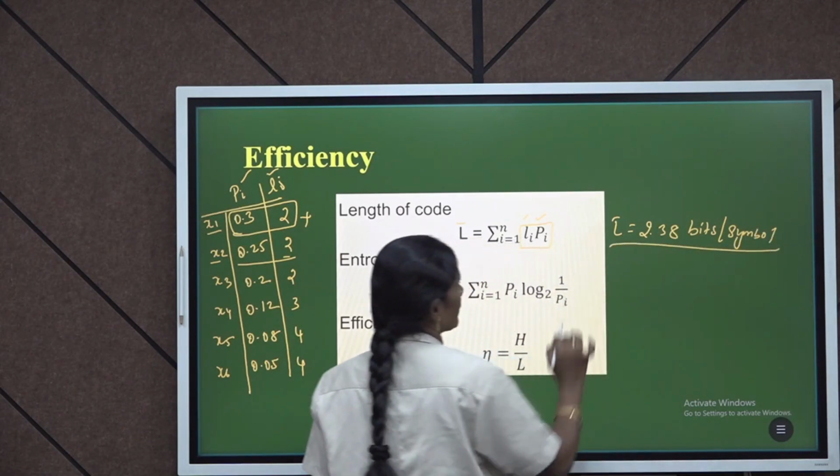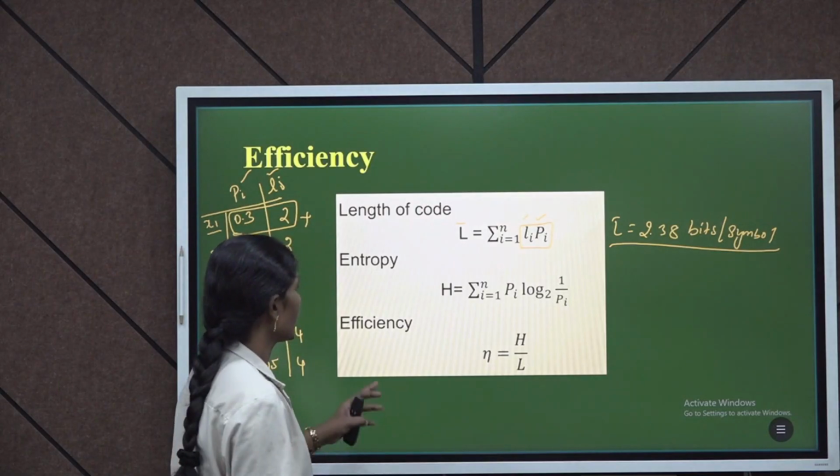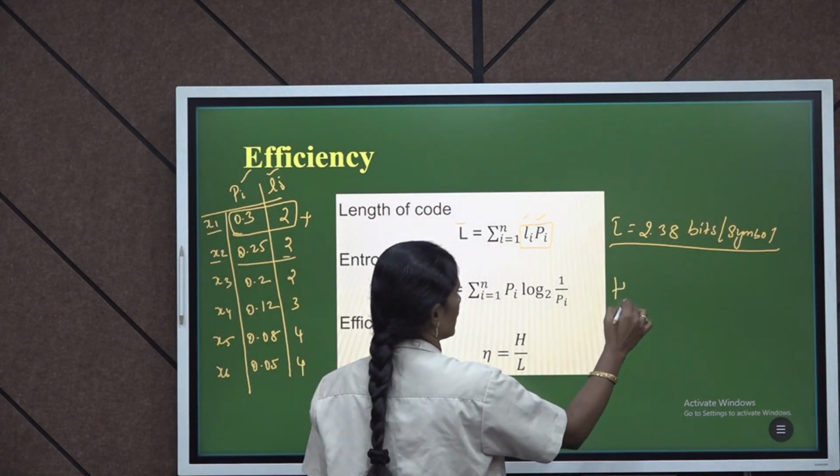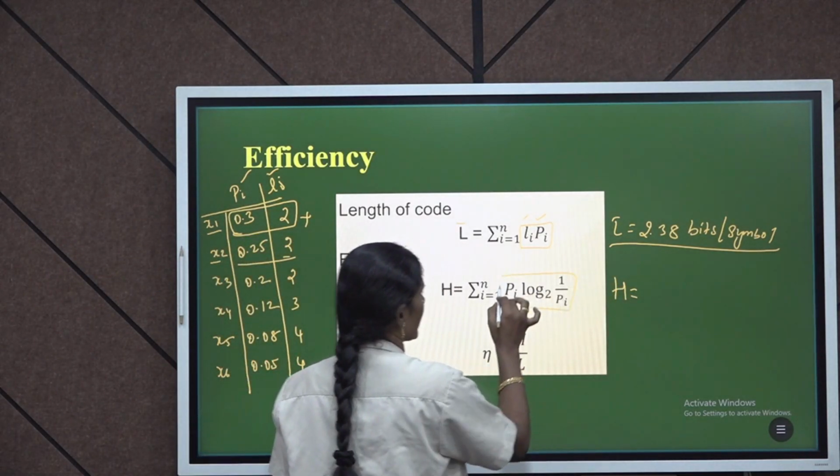So, here L bar equal to 2.38 and then entropy H equal to summation of Pi log 2 of 1 by Pi.